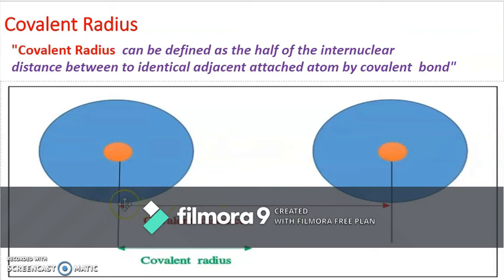This is the total distance from this nucleus to the other atom's nucleus. So covalent radius is equal to half of the internuclear distance between two identical atoms attached by a covalent bond.